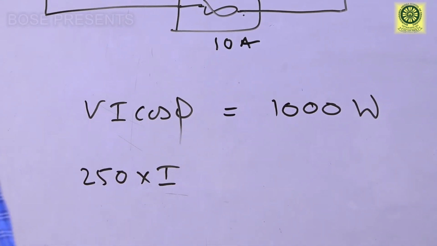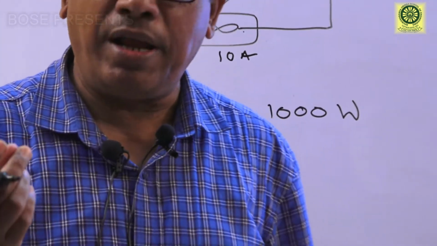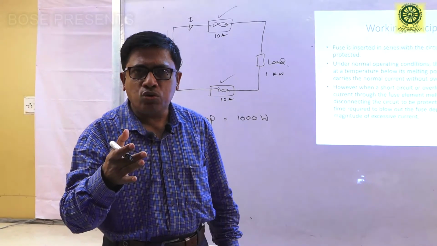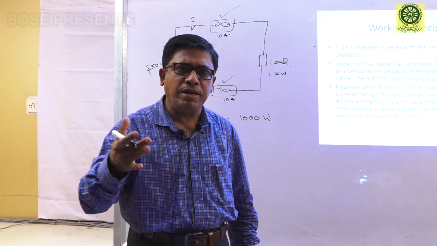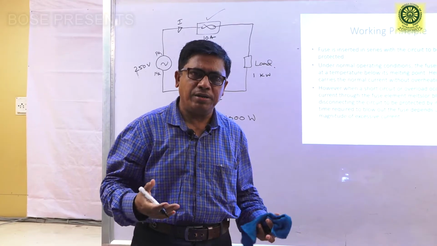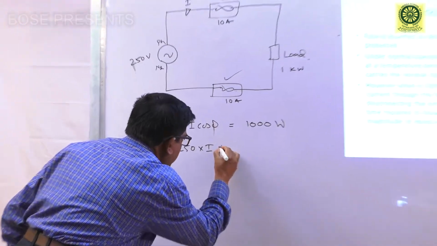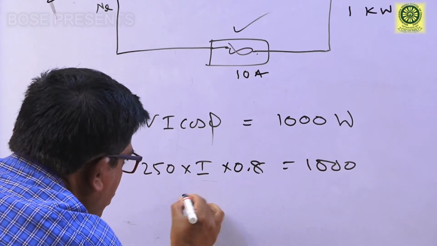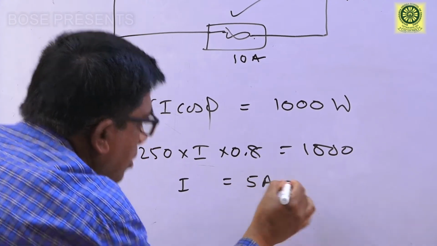In domestic supply, generally we take power factor as 0.9, 0.8, 0.85, 0.92. It is less than 1. So generally in domestic cases, we take the power factor as 0.8, 0.9. Let me take the power factor as 0.8. So into 0.8. So I is equal to 5.